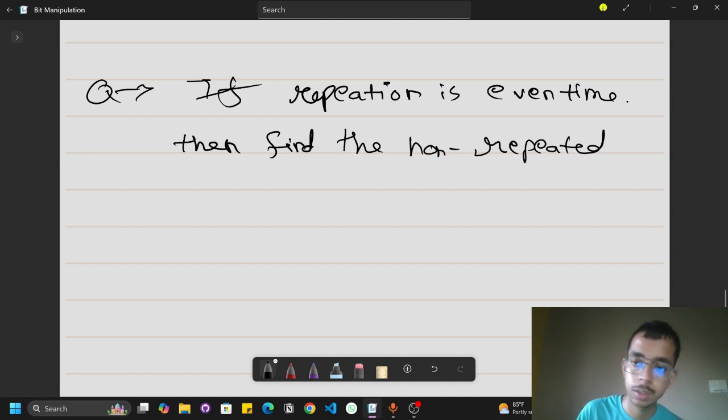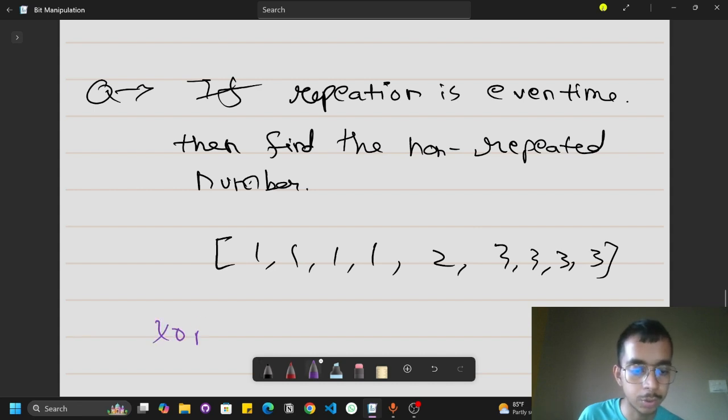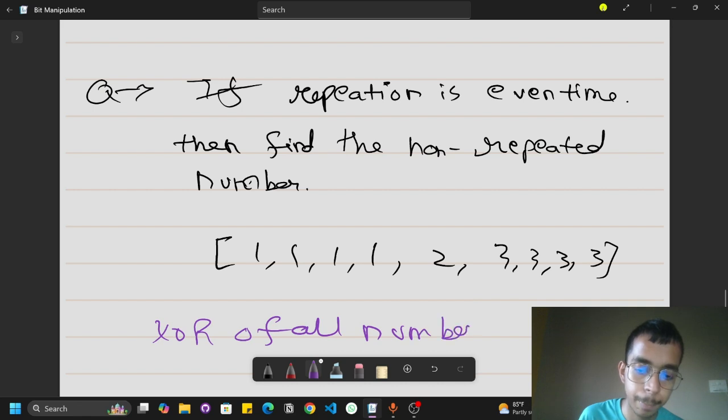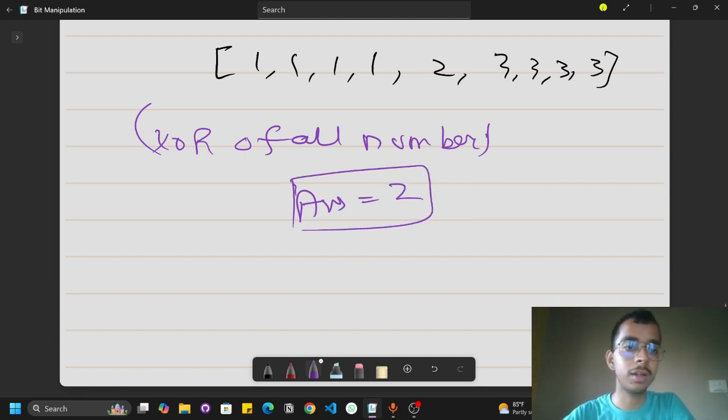Even if it is like 1, 1, 1, 1, then 2, then 3, 3, 3, 3, in that case also you are going to take XOR of all numbers, because ultimately all those operations will reduce to 0, and you are again going to get the answer as 2. So this was for XOR.